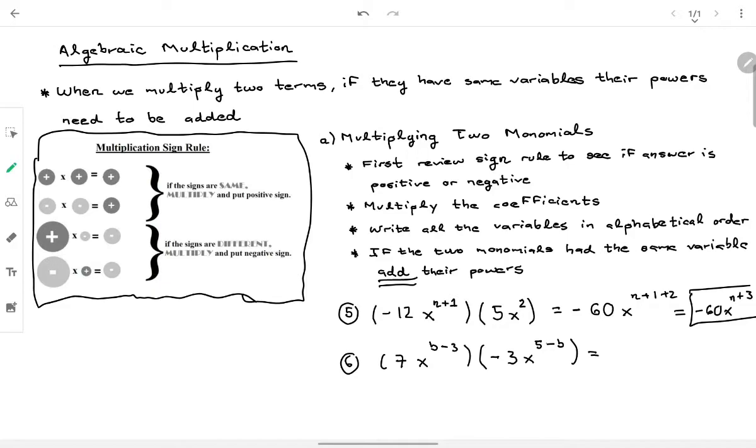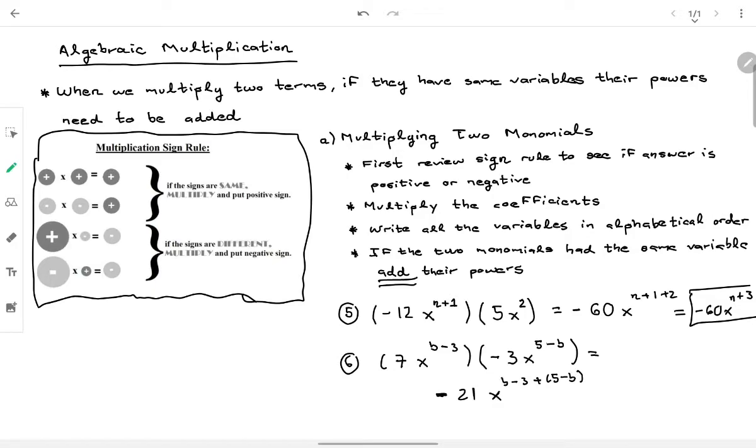For the other one, it's positive multiplied by a negative. It's going to be a negative. 7 times 3, it's 21. What happens, we put our variables, then we are going to add our powers. So in this case, it's b minus 3 plus 5 minus b.